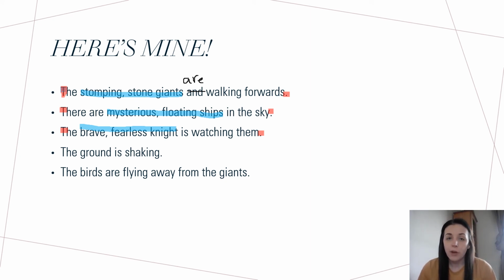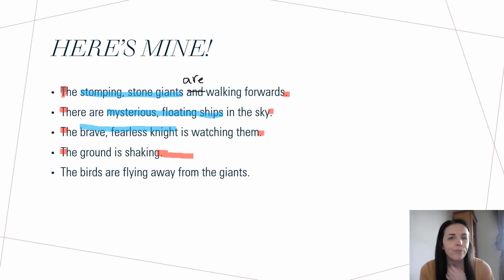So I think that the ground would be shaking. Very short sentence, this one. Doesn't use an expanded noun phrase, but that is okay. So I've still got my capital letter in place, and I've got my full stop. The ground is shaking. Yeah, it's a really short sentence, but it's perfectly fine. It makes sense, and it describes my picture.